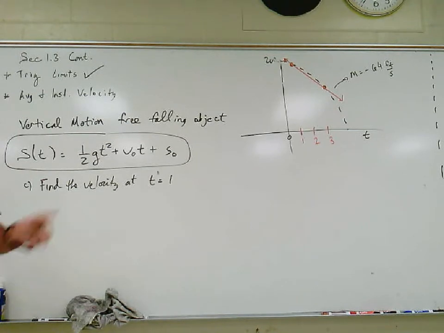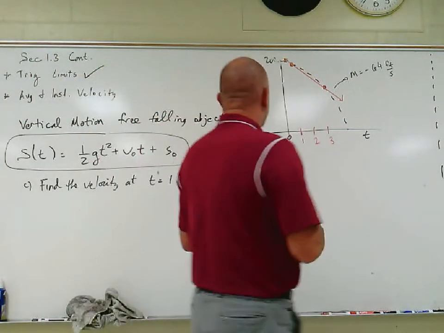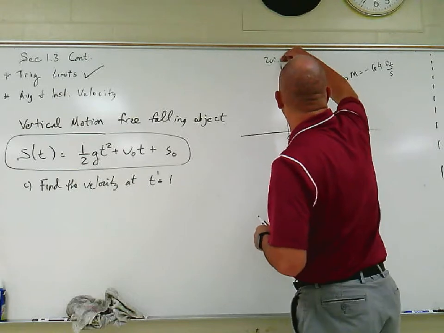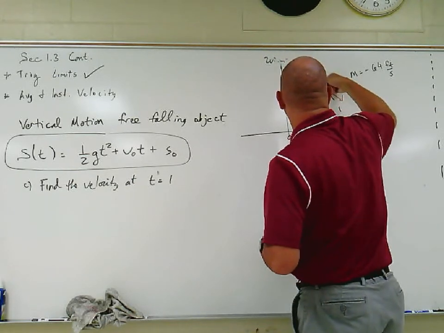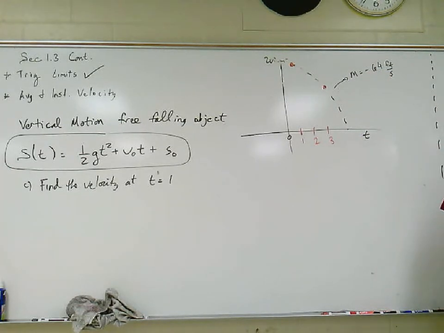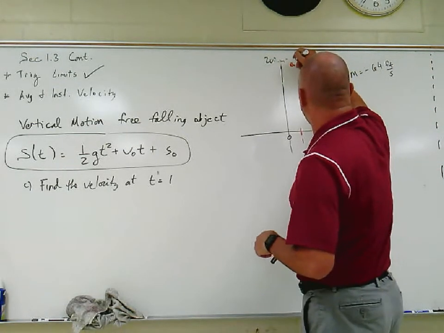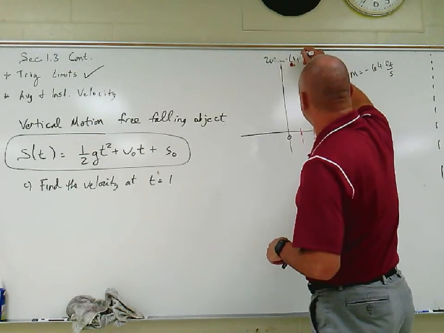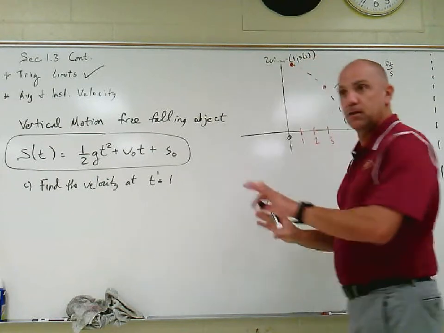Okay? So, let's look at this picture and think for just a second. When I did average velocity, I needed how many points? 2 points. Okay, so this point is good here. This is 1, s of 1. We got that point. Okay, so that's done.